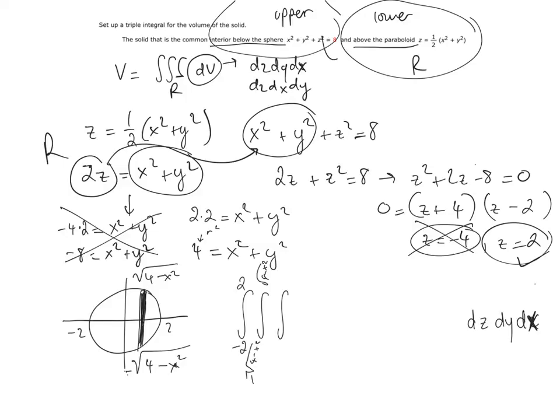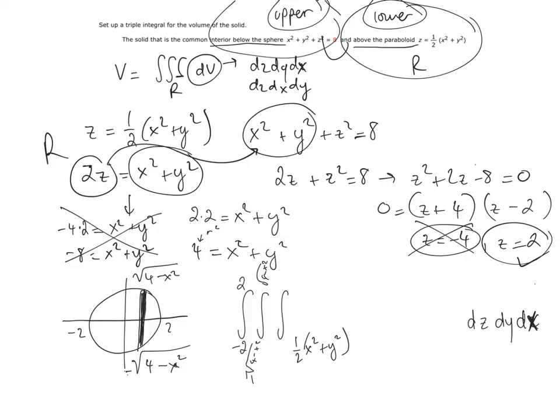the solid itself. Remember here, the lower bound is going to be the paraboloid, and the upper bound is going to be the sphere. So your lower bound is going to be 1/2 (x squared plus y squared).